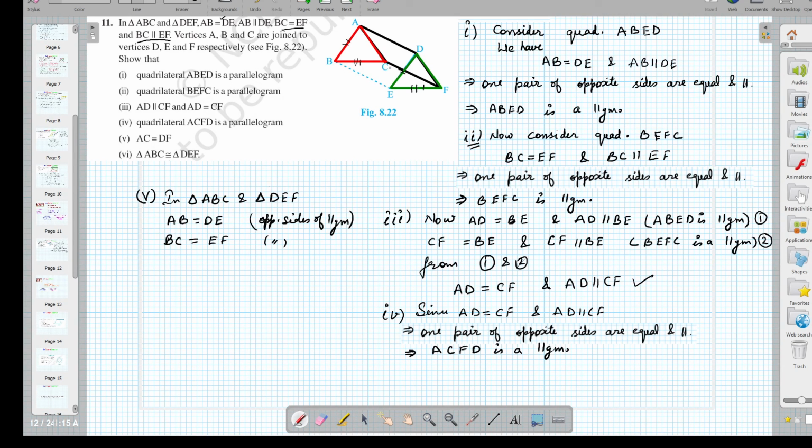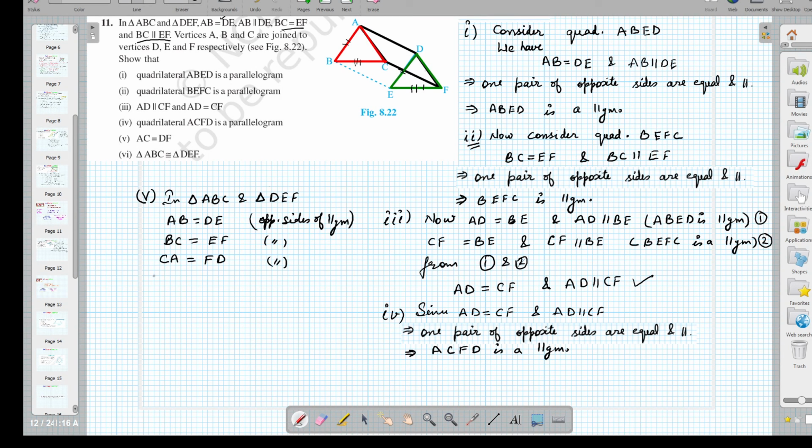Last one is CA is equal to FD, because we have proved ACFD to be a parallelogram as well. So we can write CA is equal to FD with the same reason.